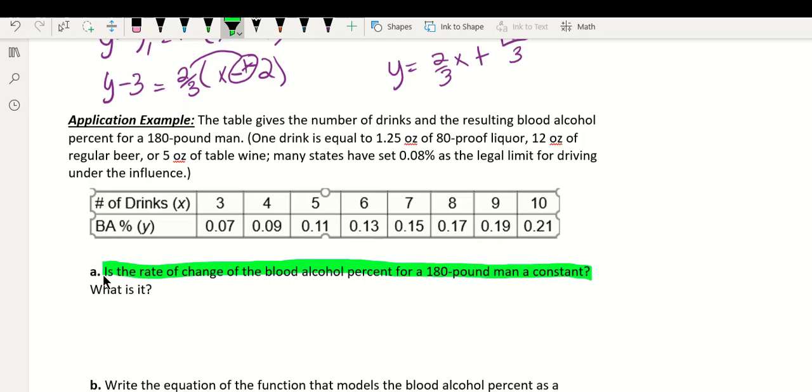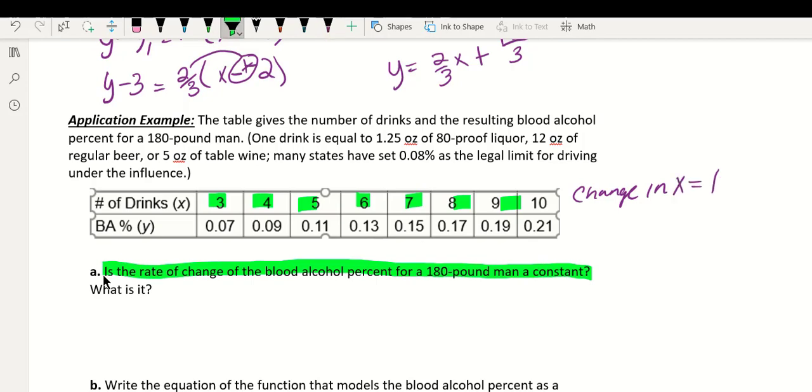If I start looking at the rate of change, remember the rate of change is your slope, right? So in between these numbers, 3, 4, 5, 6, 7, 8, 9, we can already say our change in x is only going to be 1, right?